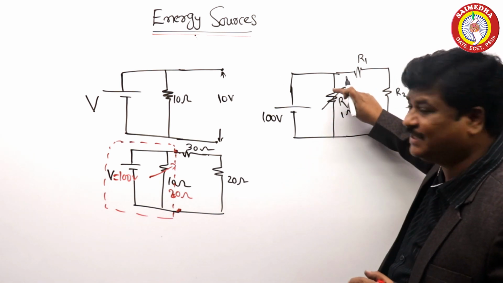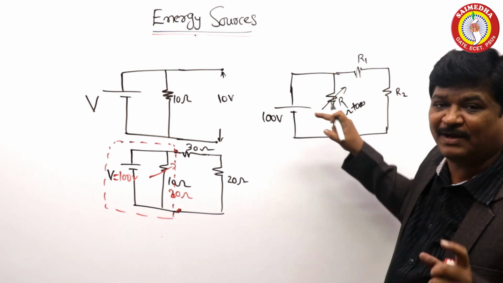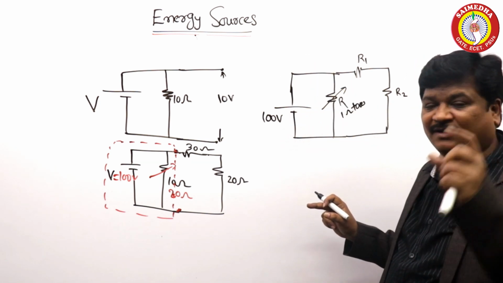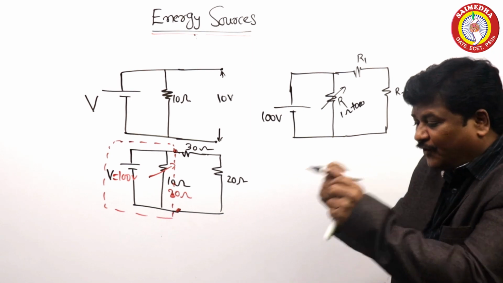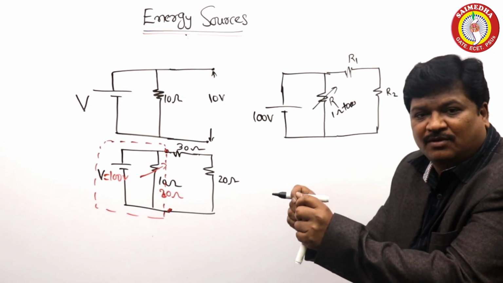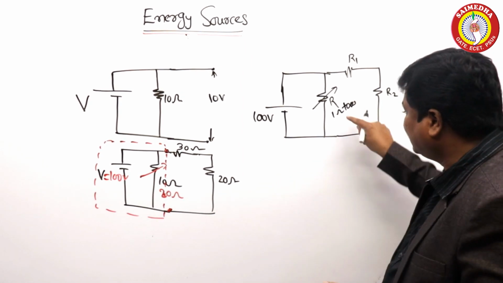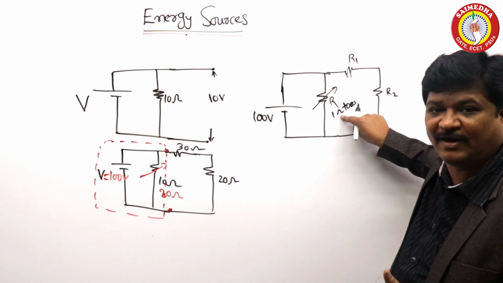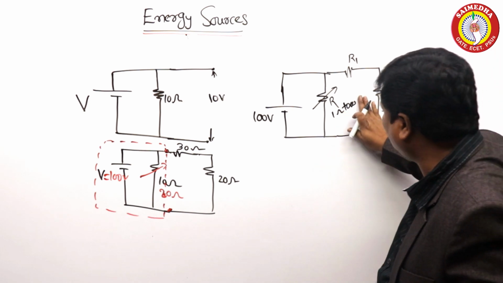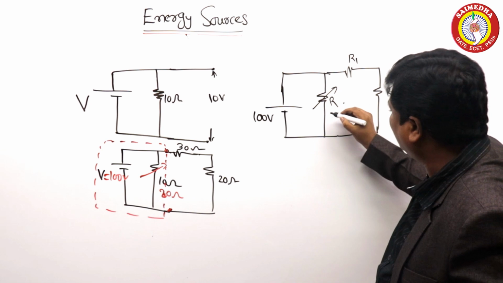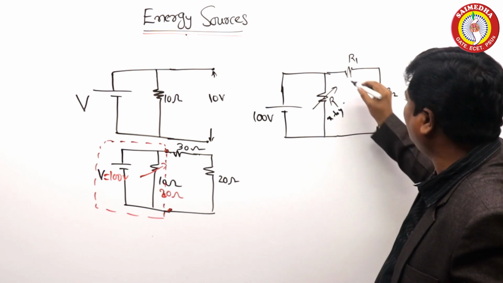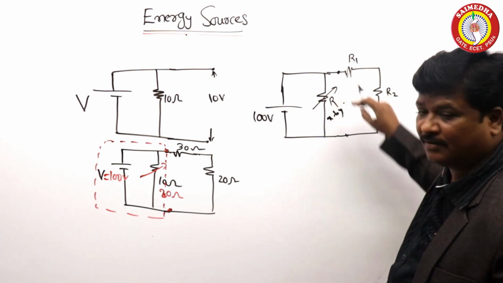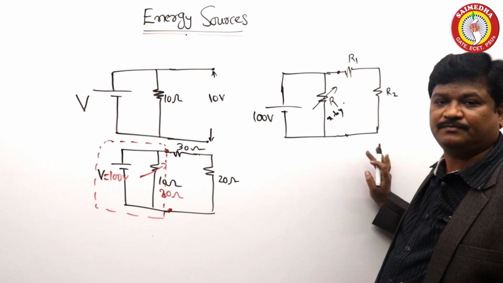Whenever you make this 0, the voltage across these terminals becomes a short circuit. That becomes a bad case. If you take a voltage source and make it short circuit, the circuit will be damaged. That is the reason I wrote 1 ohm here. Some value should be required for this one. So when R varies from some X value to Y value, the voltage across this terminal will not change.